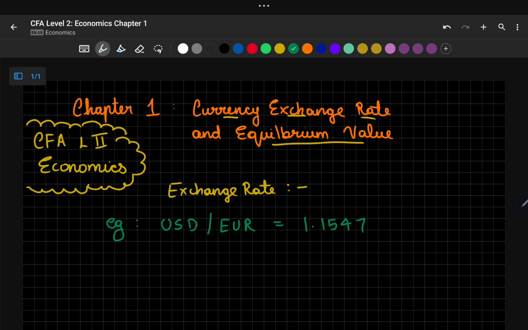It means that, as per the CFA curriculum, this notation is P to B, that is price currency to base currency. So USD is the price currency and Euro is the base currency.